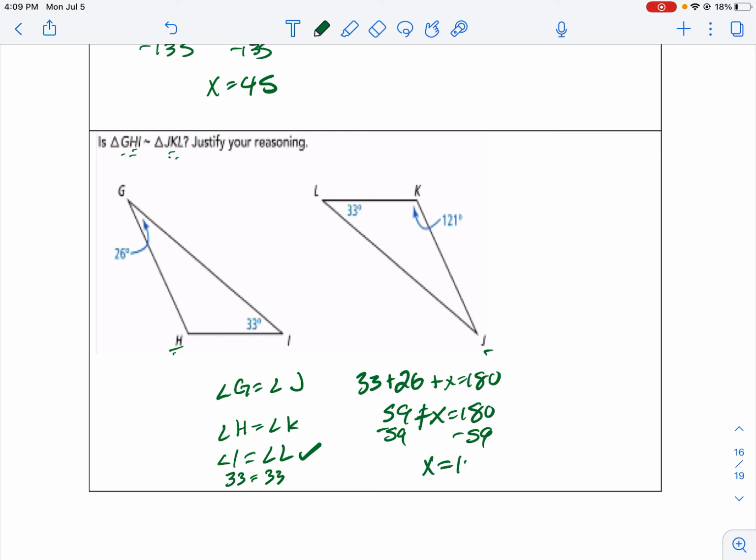X equals 121. So the measurement of angle H is 121 degrees. So H and K are equal because they are both 121 degrees. Therefore, G and J have to be equal. So here is why those two triangles are similar.